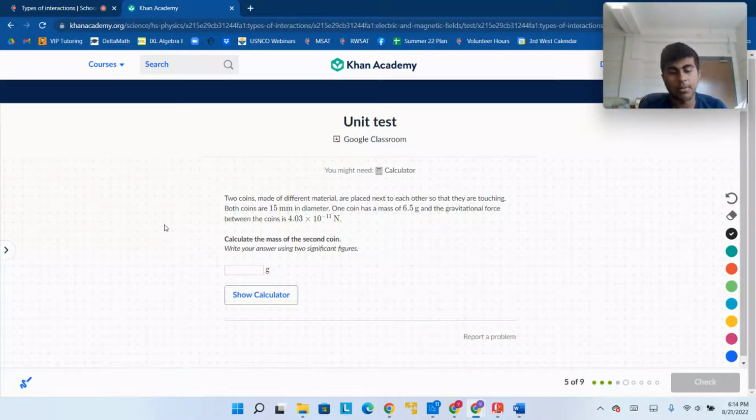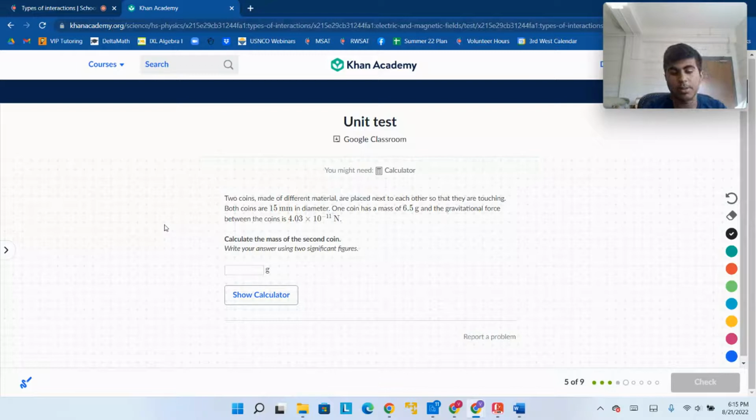We're going to have the mass of the first coin times the mass of the second coin, which we don't know, over 0.015 squared, times the gravitational constant, equals that 4.03 times 10 to the negative 11. All right, let's divide by the gravitational constant, get that out of the way. And we find that now we have 0.604. That's going to be the two masses multiplied over the radius squared.